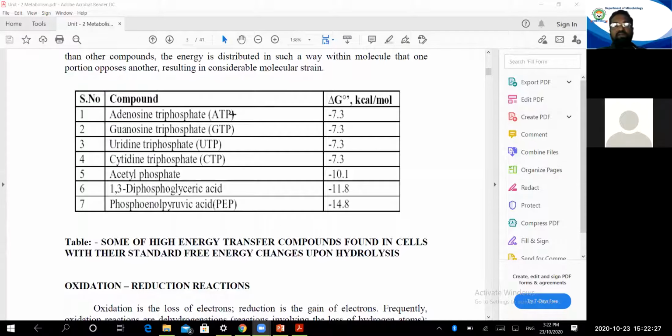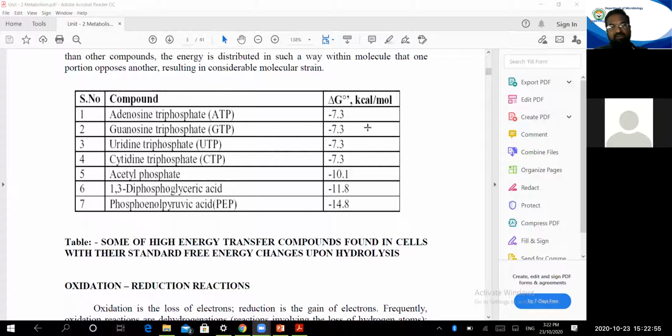If you remember, we call this ATP the currency of energy inside the cell. Means whatever the uptake and intake of energy is done, it is done mostly through ATP molecules, adenosine triphosphate molecules. Similarly, it is not so that the energy will be stored and provided through ATP molecules only.